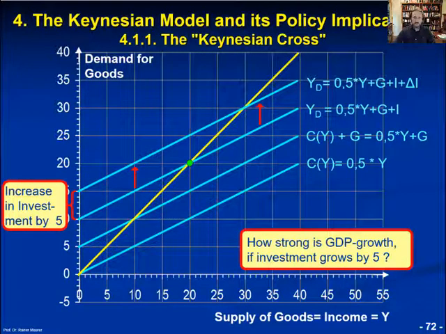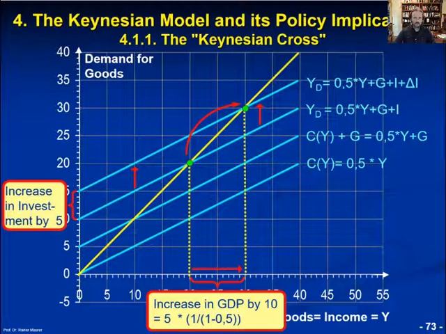This causes the intersection point of the demand curve with the 45-degree line to move upward to this place here. In the new equilibrium, GDP is 10 units larger as it was before in the old equilibrium.